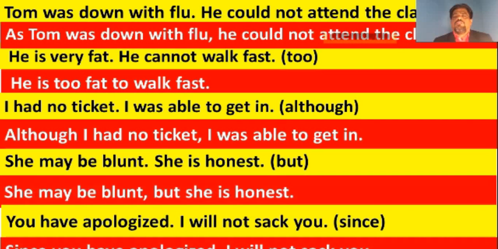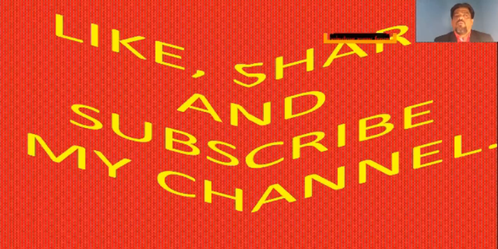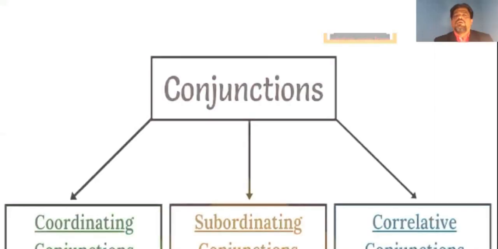So in all these places, we found a pair of sentences could be made into one using a single conjunction. And this is exactly the purpose of a conjunction. A conjunction is a joining word. Remember that a conjunction is a joining word.